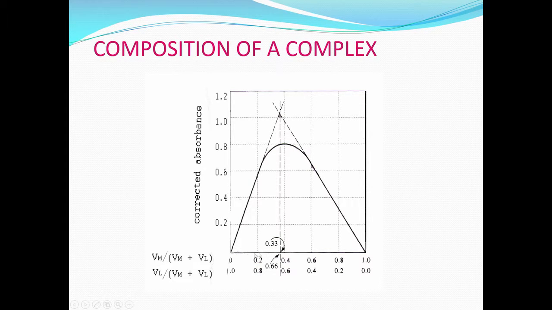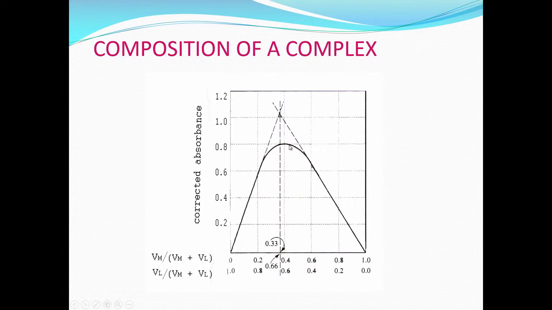So, if I plot the absorbance versus the mole ratio, at the inflection point I calculate where it is. Suppose my Vm is 0.33, it automatically fixes the Vl concentration to 0.66. That means it is a 1:2 ratio.